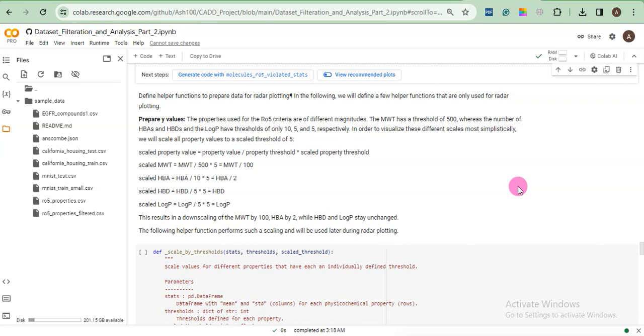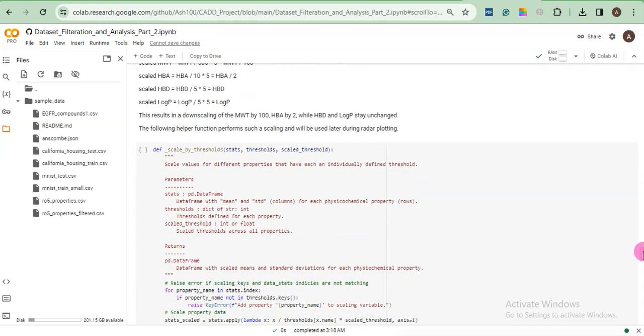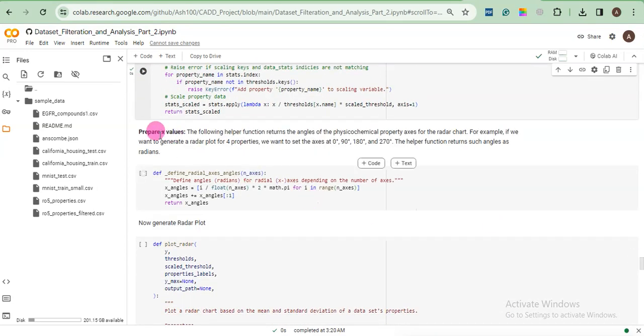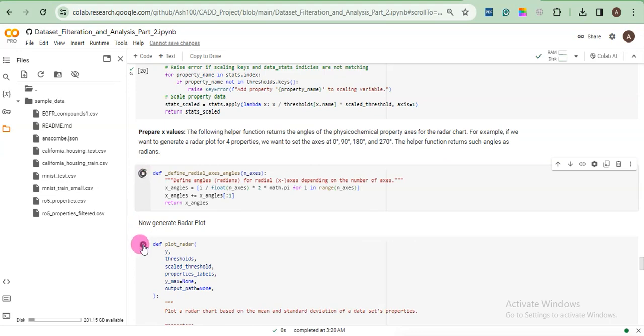In fact, it does not have that kind of x and y-axis. This is a circular plot. So for that we will run these cells. You can read these, x value preparation and y value preparation.